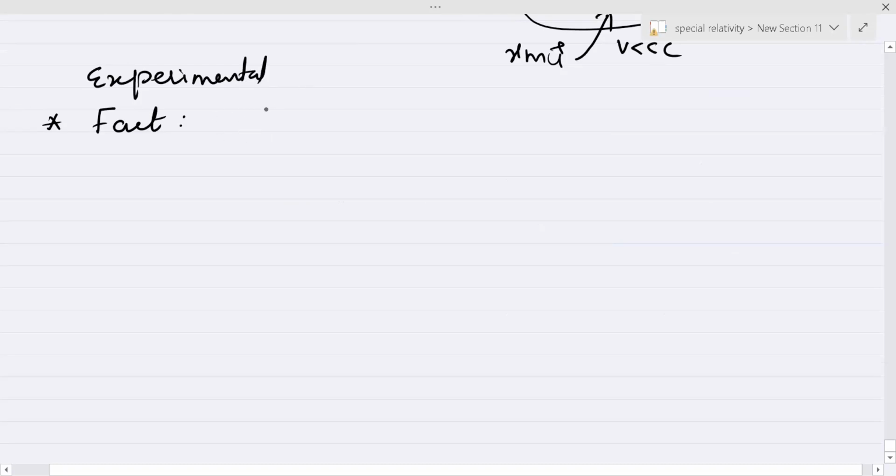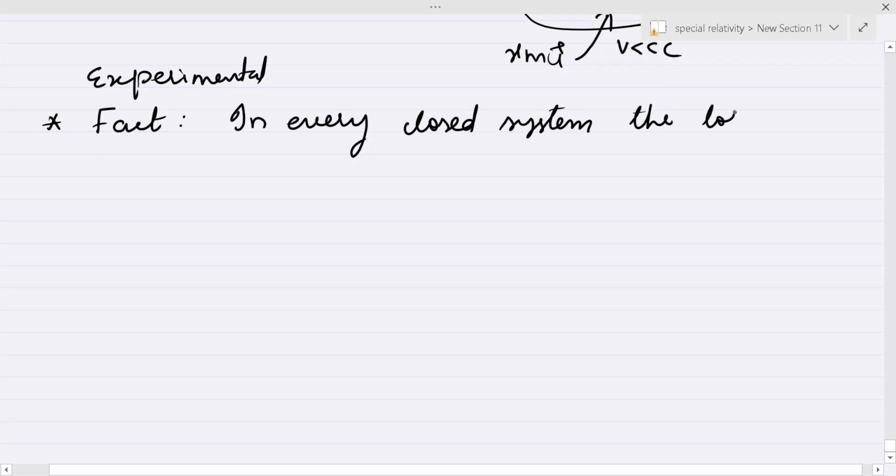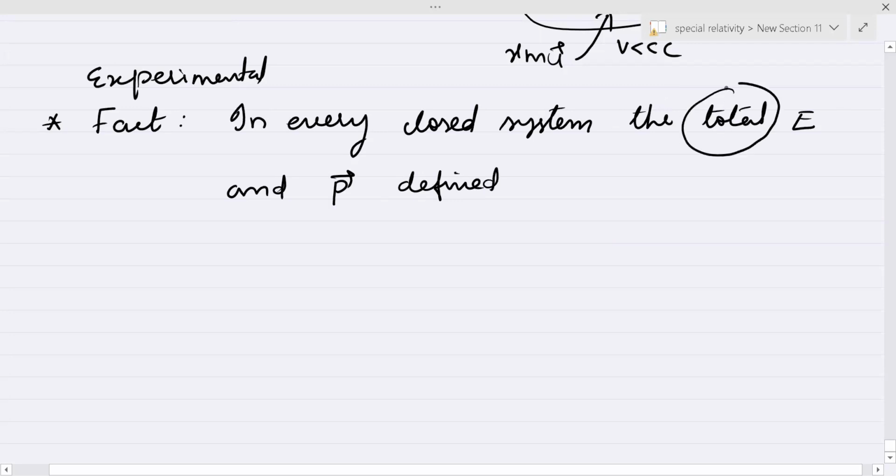It is this: in every closed system, the total energy E and momentum P vector defined here are conserved.